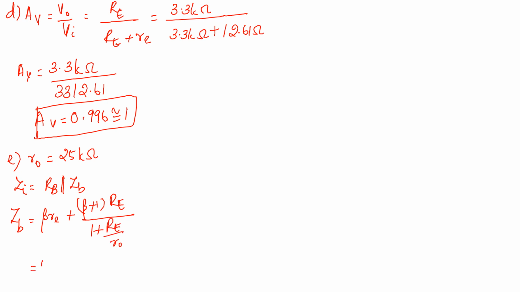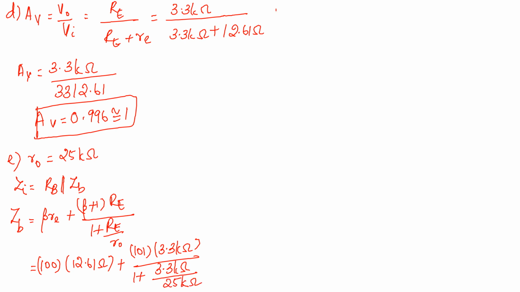So what is the value? You will be getting 100 into small re is equal to 12.61 ohm plus 100 plus 1. So you will be getting 101 into, what is your value for RE? 3.3 kilo ohm divided by 1 plus 3.3 kilo ohm divided by, what's the value for R naught? It is 25 kilo ohm. Okay.